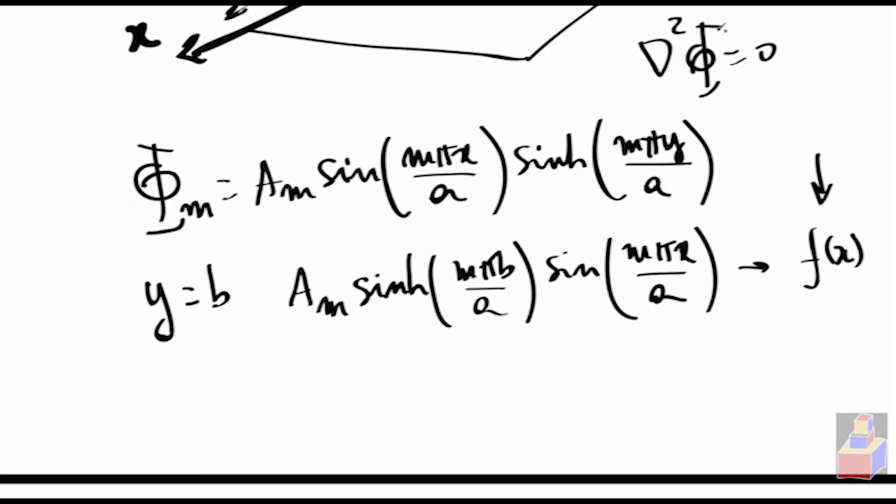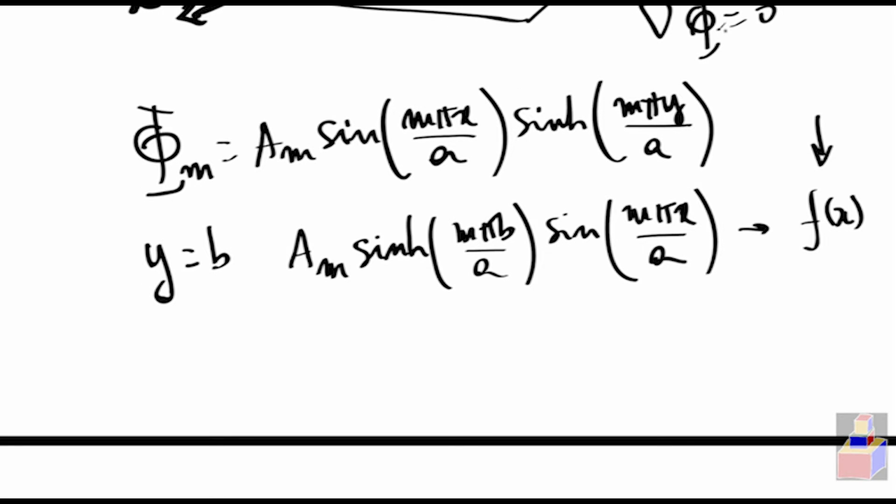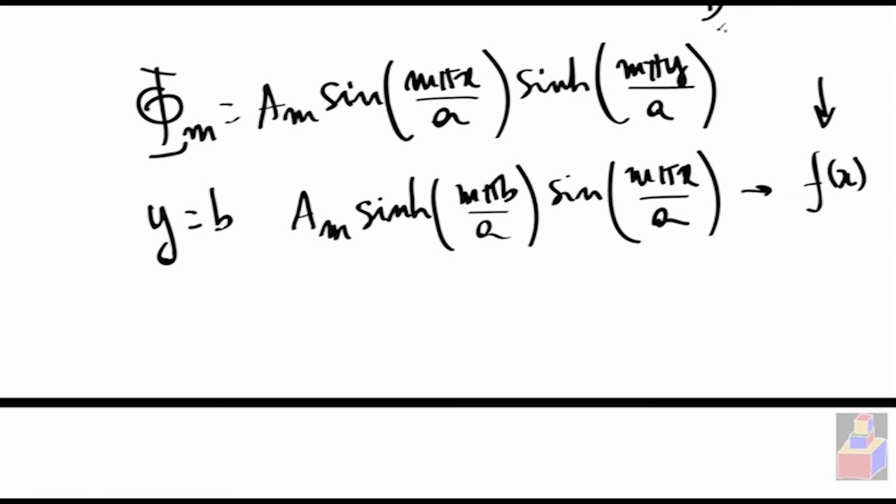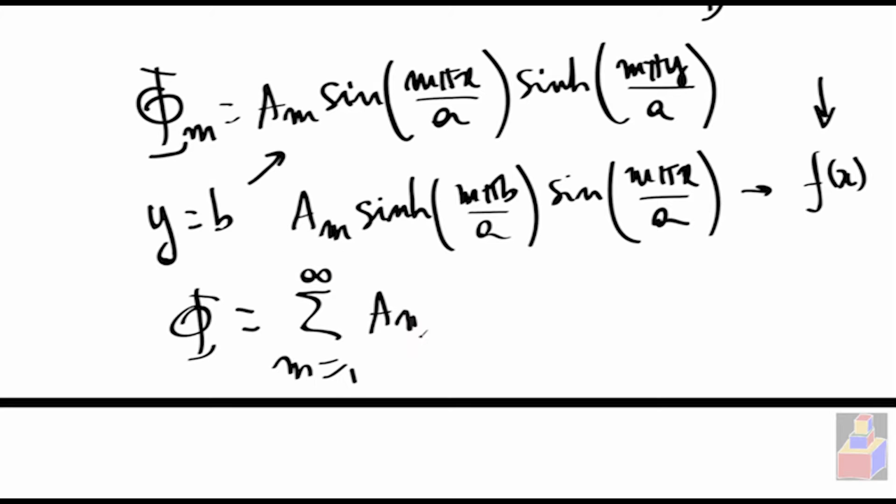So what we do is propose that the solution is not only a single one, but a combination of all possible solutions. And that's when we get to the point of decomposing a function into eigenfunctions. That's how we get to that problem.